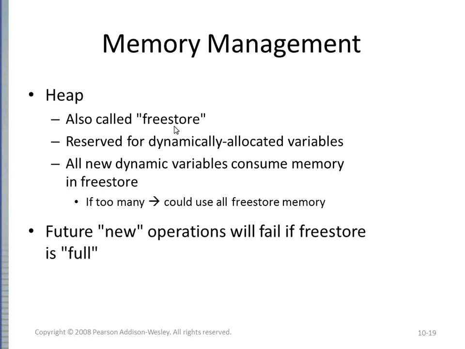We don't know about it, and we don't know where it is inside the memory. We don't need to know. But C++ will use this location inside the memory, which is called the heap or the free store, for dynamic memory allocation, for the variables that do not have a name. So whenever you use the new keyword, the new variable that is created is actually created inside the heap or the free store. Okay, not inside the regular memory.